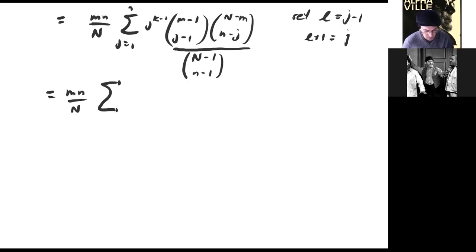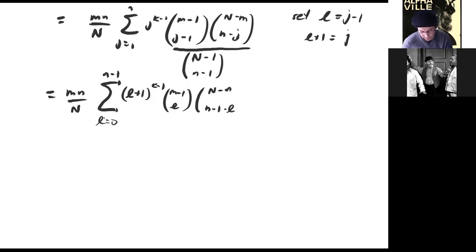So if j starts at 1, l starts at 0, and it goes up to n minus 1. And then we get l plus 1 to the k minus 1, m minus 1 choose l, and then N minus m choose n minus 1 minus l, over N minus 1 choose lowercase n minus 1.